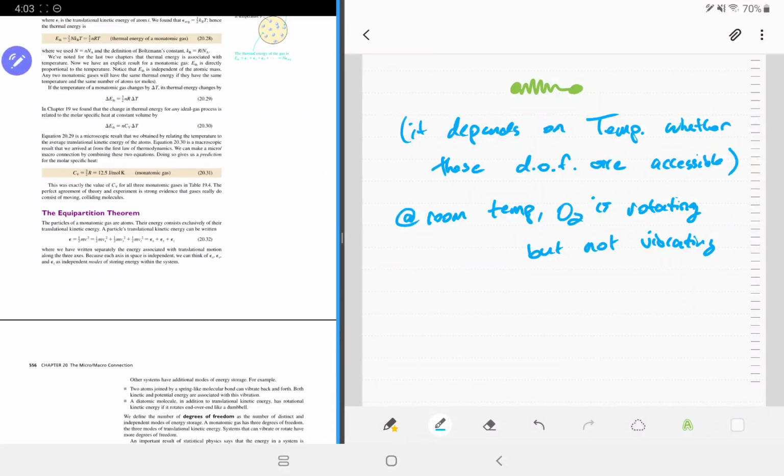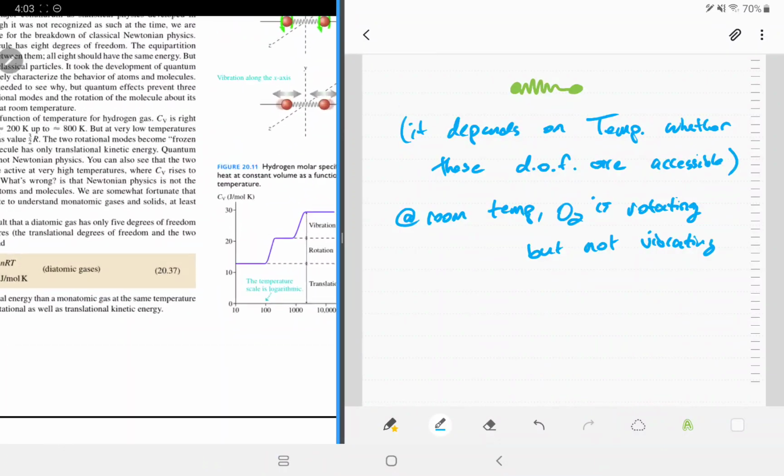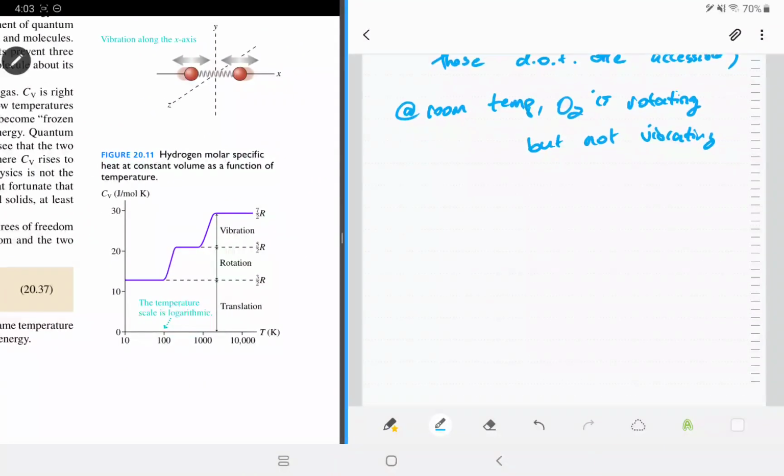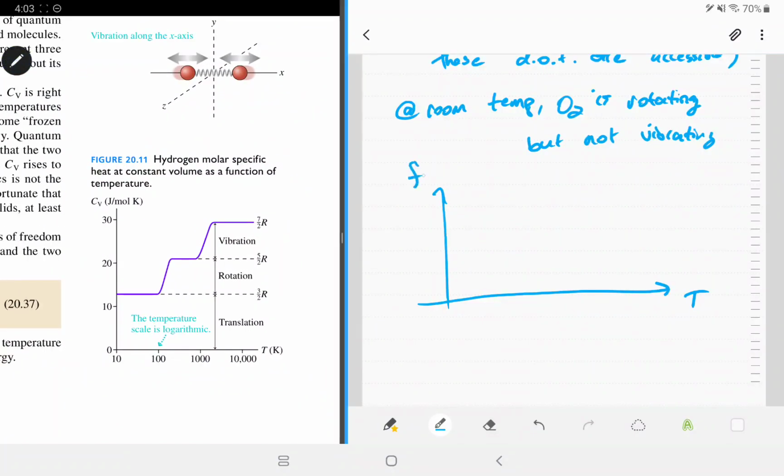Okay, so later on, we'll come right back to the equipartition theorem, but I want to look at this graph right here. This graph is exactly saying at what temperature these degrees of freedom become accessible. So this is temperature, and in this graph on the left, they're plotting CV. I'm just going to talk about degrees of freedom, F. So you have 3 degrees of freedom for a lot of temperatures.